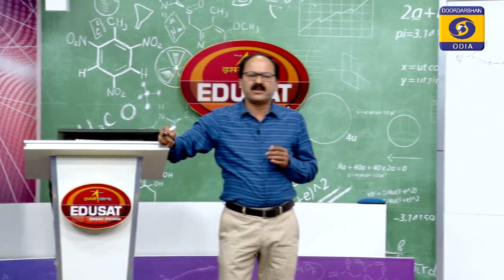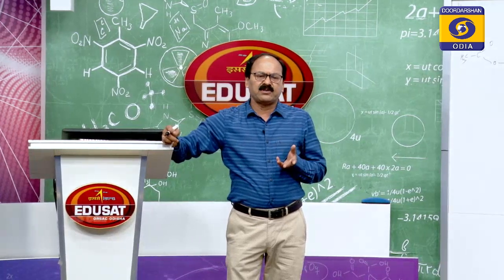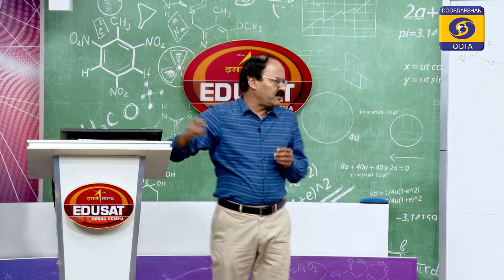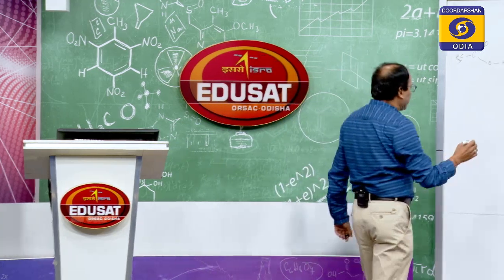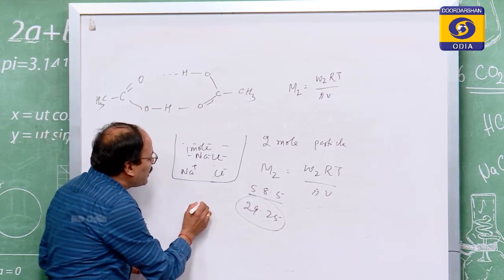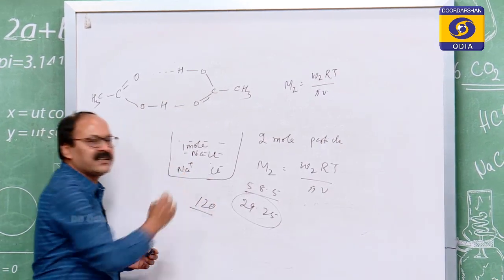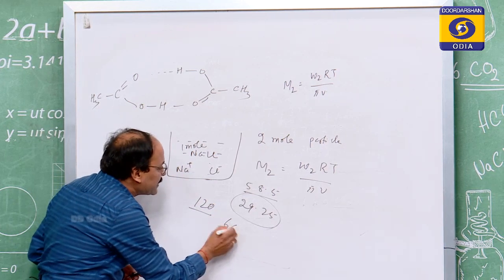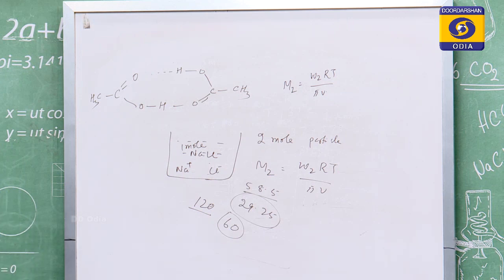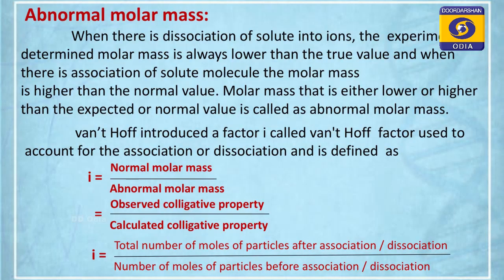As the number of molecules becomes half, the colligative property will become half, and the molecular mass will become double. That is, in case of acetic acid, the molecular mass determined by the colligative property measurement will be equal to 120 or something like that. Actually, the mass is 60. So, this change in mass is called abnormal molecular mass. The molecular mass obtained by the colligative property measurement, if dissociation or association is taking place, we call abnormal molecular mass.